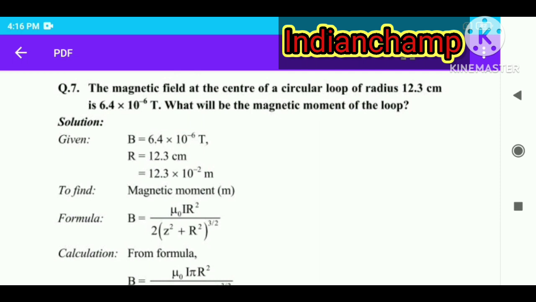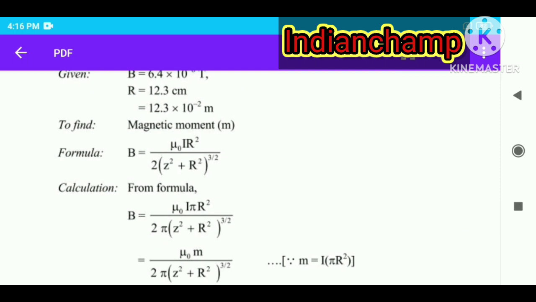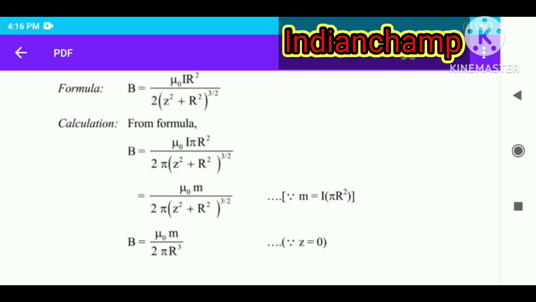To find the magnetic moment M, formula: B is equal to μ0 I R² divided by 2 (Z² + R²)^(3/2). For calculation, from the formula, B is equal to μ0 I πR² divided by 2π (Z² + R²)^(3/2), which is equal to μ0 M divided by 2π (Z² + R²)^(3/2), since M is equal to I × (πR²).